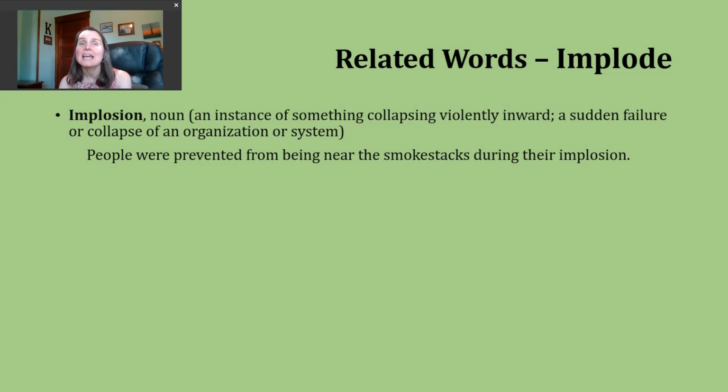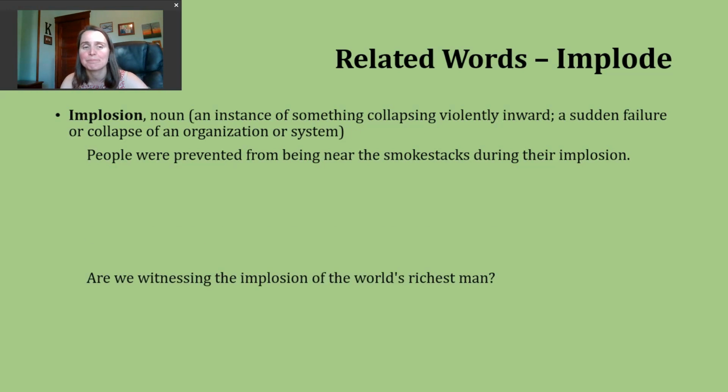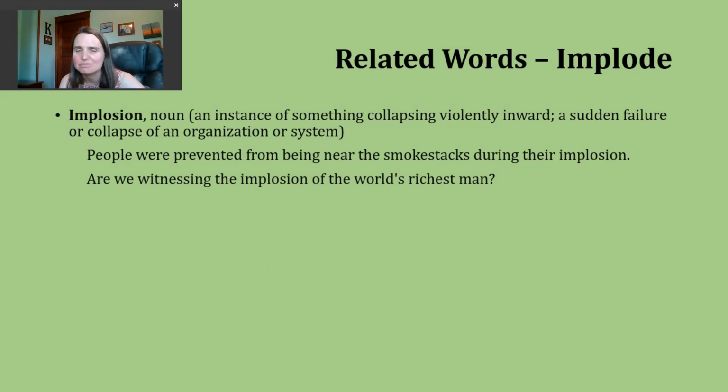Now, a second way to use the noun implosion is to refer to the sudden failure or the sudden collapse of maybe an organization or some kind of system. An example of this might be this question: are we witnessing the implosion of the world's richest man? I saw a sentence very similar to this in the last month or 6 weeks.